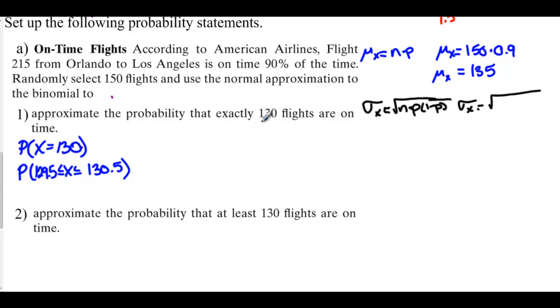I'm trying to make sure you guys are picking the 150, not the 130. The n is always in reference to all of the trials. X is the number of successes. So that 150 times that 0.9 times 1 minus 0.9. Let's see if I can squeeze that in there.